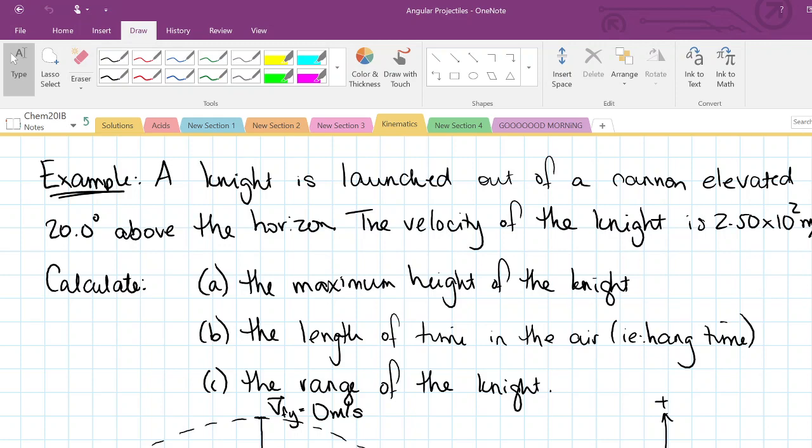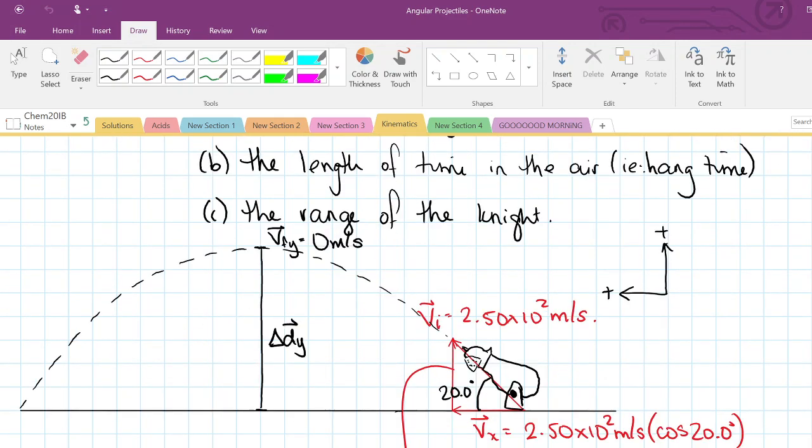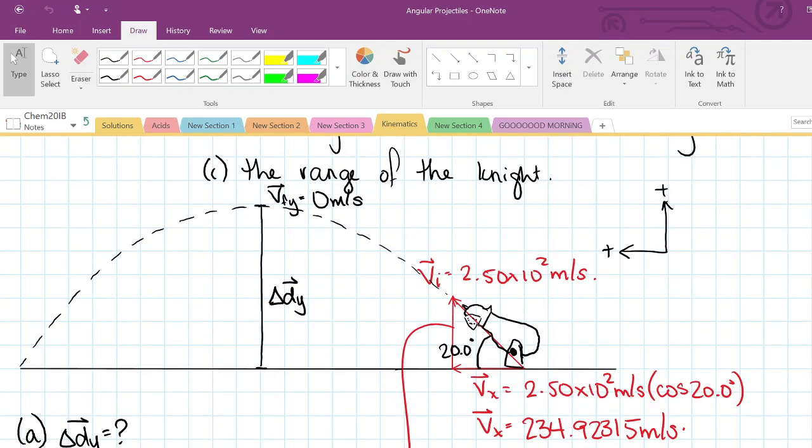So here's my scenario, or my setup, my diagram. My knight, they've told me, is angled at an angle of 20.0 degrees to the horizon. The horizon is just another way of saying the ground. The knight's going to be launched at an initial velocity of 2.50 times 10 to the 2 meters per second.